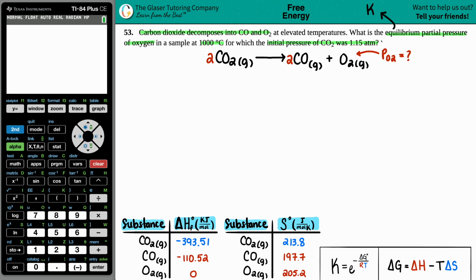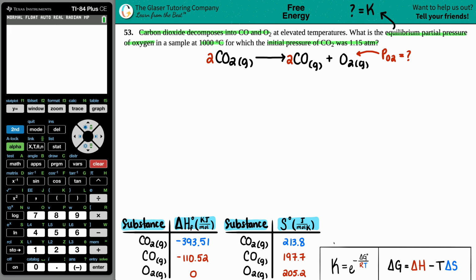So now we have to backtrack. Instead of trying to solve for this, I first have to find out what that K value is, the equilibrium constant. So this is really what I'm trying to solve for. Now, there's only one formula that deals with equilibrium constants and temperature values, right? They gave me a really high temperature of 1000 degrees Celsius.